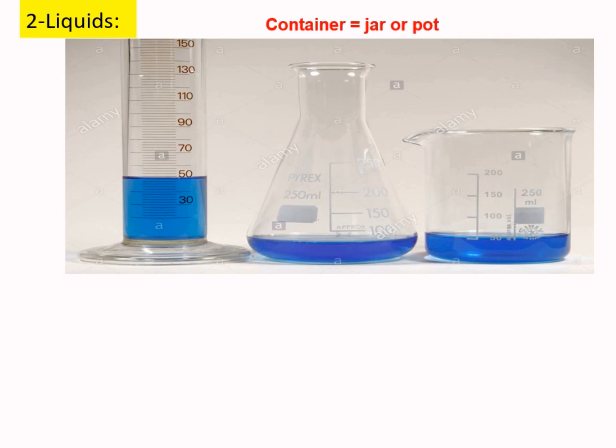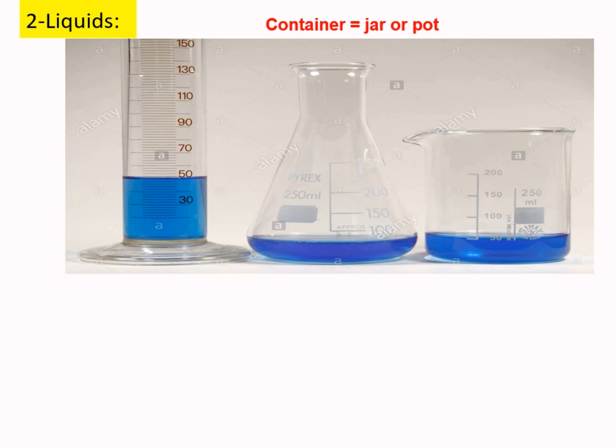So again, I have 50 milliliters of a blue liquid and three different containers. They are different in their shape. When I pour 50 milliliters of the liquid inside each container, does the shape of the liquid change? What do you think? Does the shape of the liquid stay the same in each one of them?